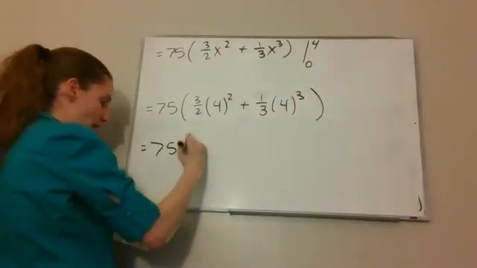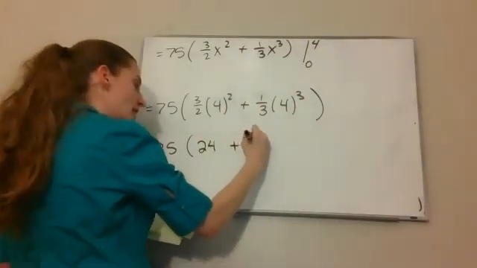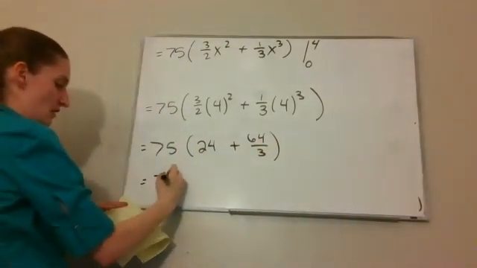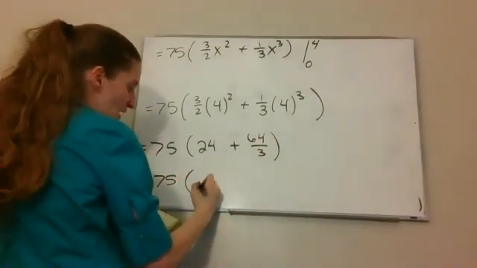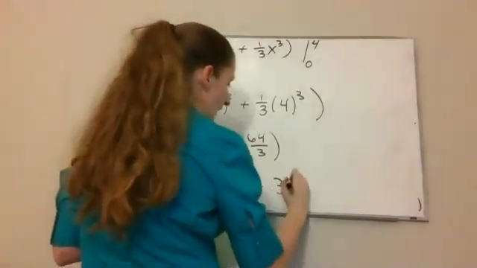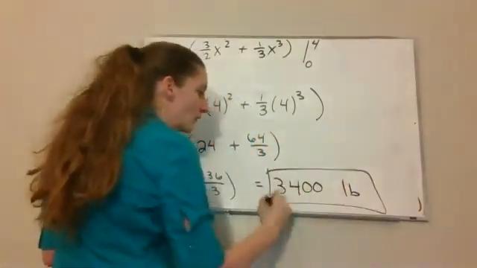This is 75 times 24 plus 64 over 3, which is 75 times 136 over 3, which is 3,400 pounds for the force.